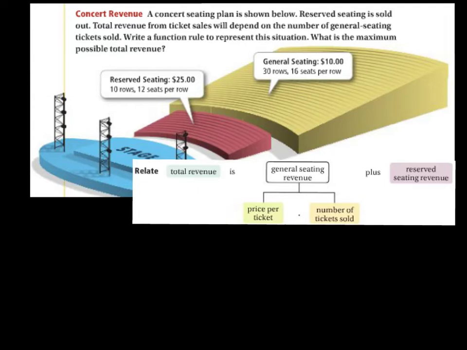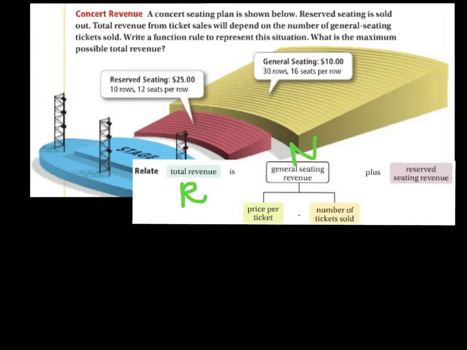So we are going to have R be the revenue. We're going to have N be the number of general seating. And then we have our added on reserve seating. So here we go.